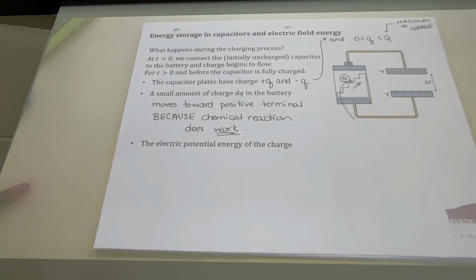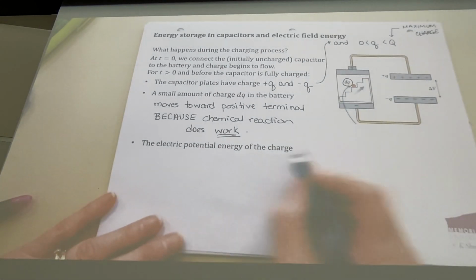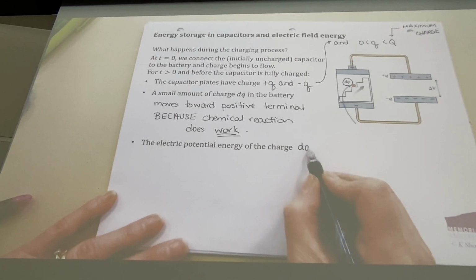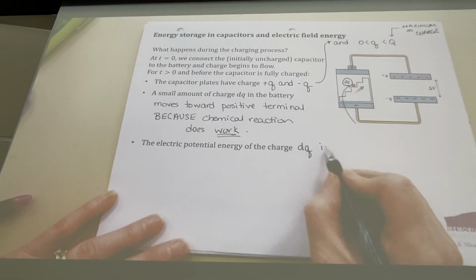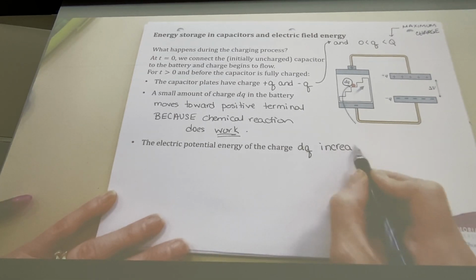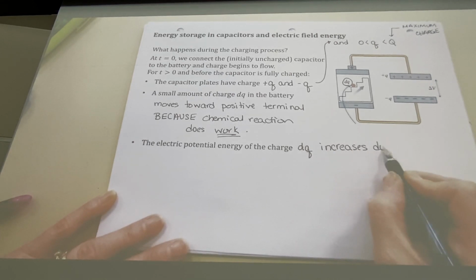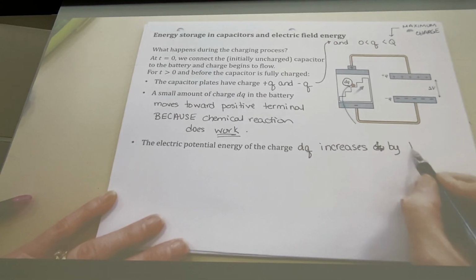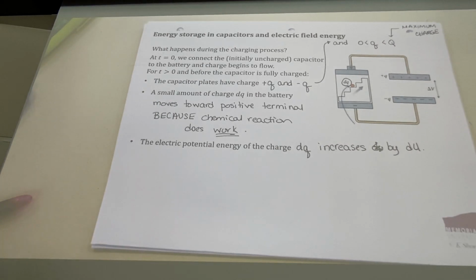So if there's work done on the charge, the potential energy is going to increase. So the potential energy of the little charge dq increases by a small amount dU. So the amount of work done increases the potential energy of the charge.